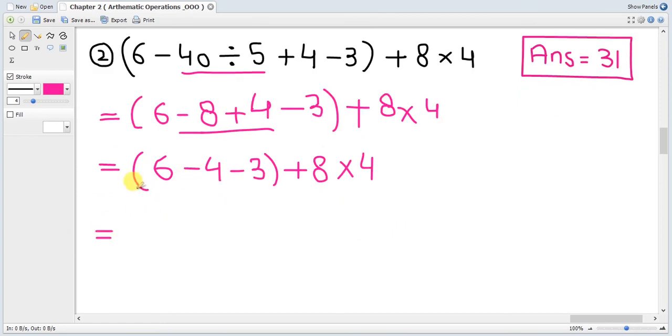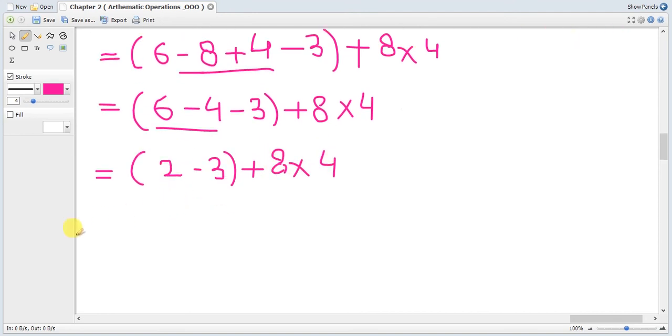Now since the operators inside the brackets are negative, you can either solve them simultaneously or separately. So 6 minus 4 is 2. Then we have negative 3, bracket close, plus 8 times 4. Now we have 2 minus 3, which will give us negative 1, plus 8 times 4.